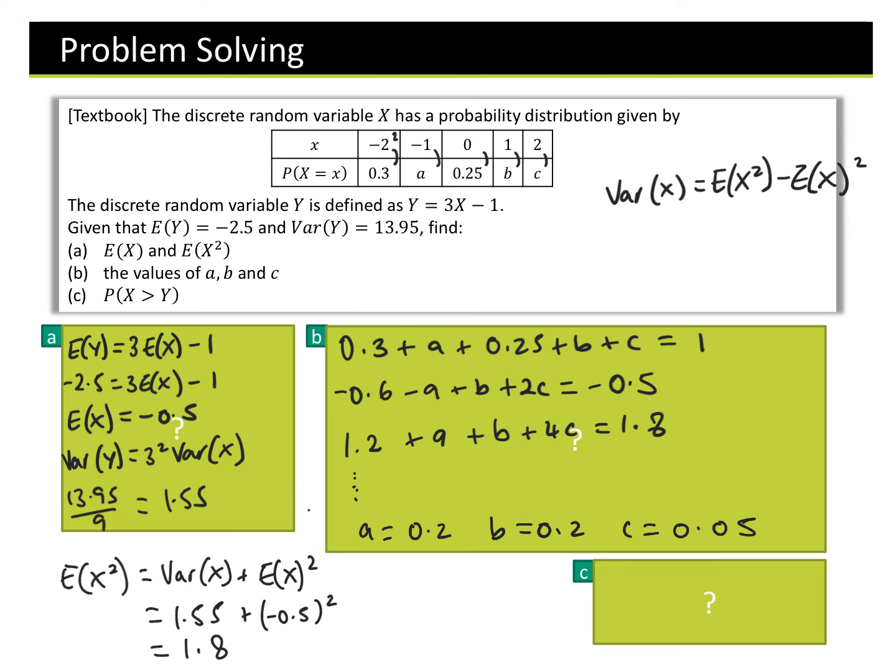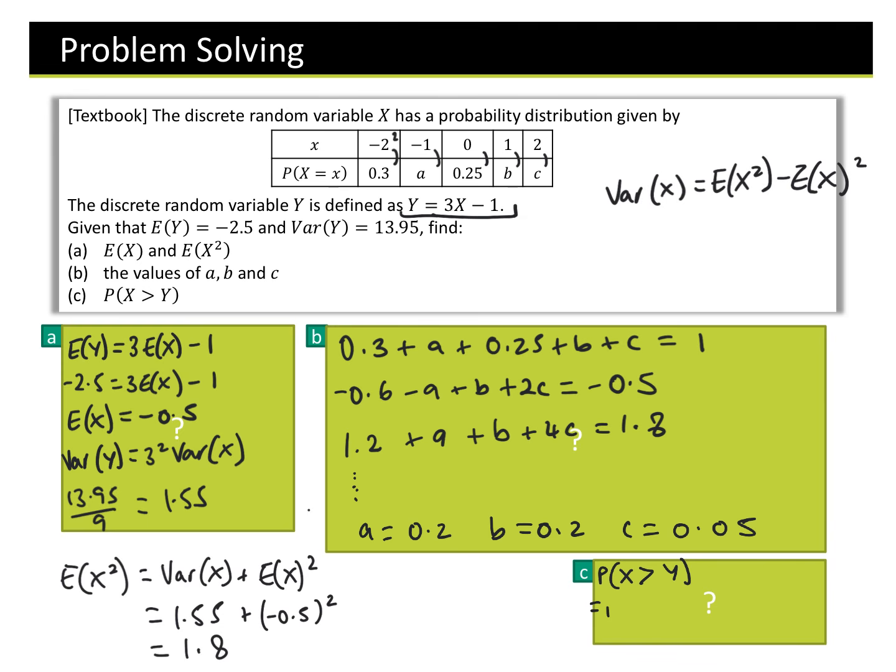And then part C says, find the probability where our outcomes of X are greater than our outcomes of Y. Now we already know what Y is defined by, and this is defined by 3x minus 1.